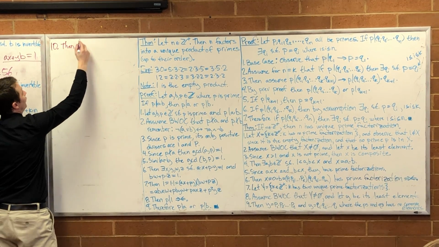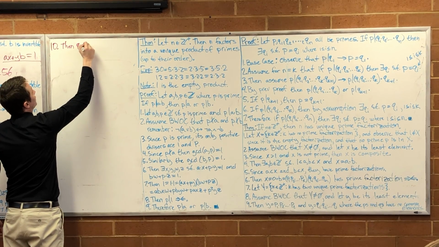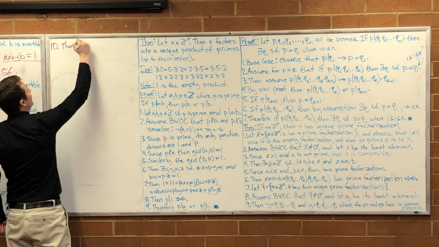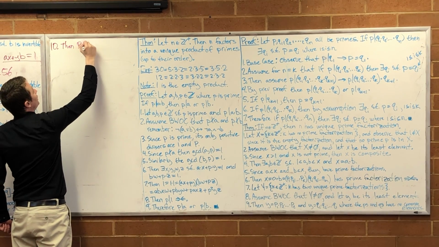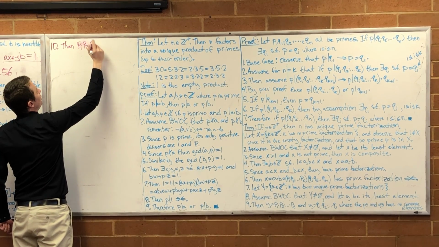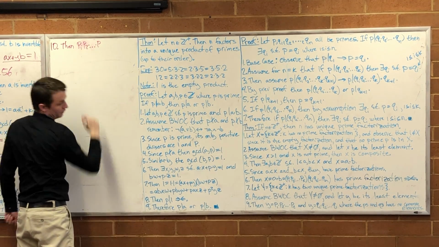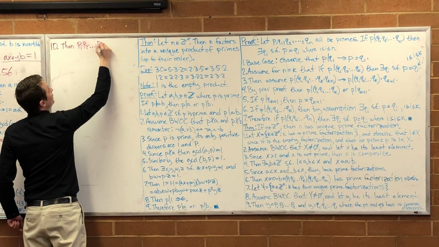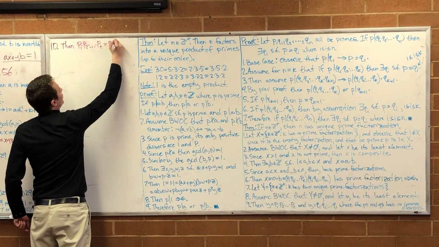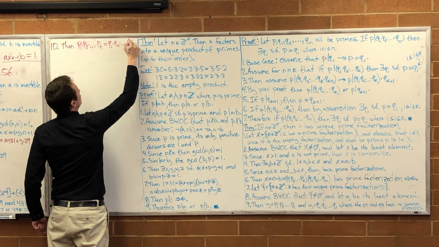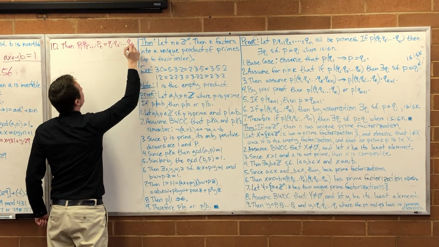Then the first product of primes, the first one's P, right? Then P1 times P2 times dot dot dot times PT, T is what I use, is equal to Q1 times Q2 times dot dot dot times QS.